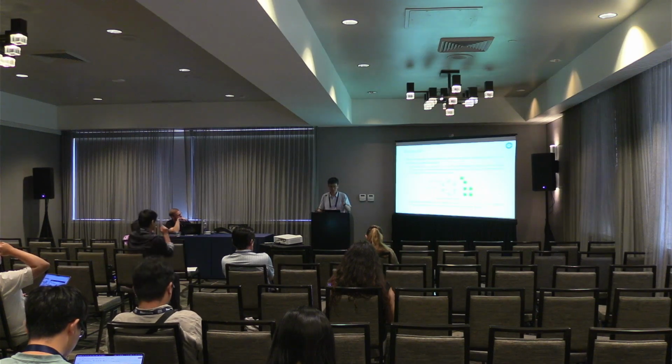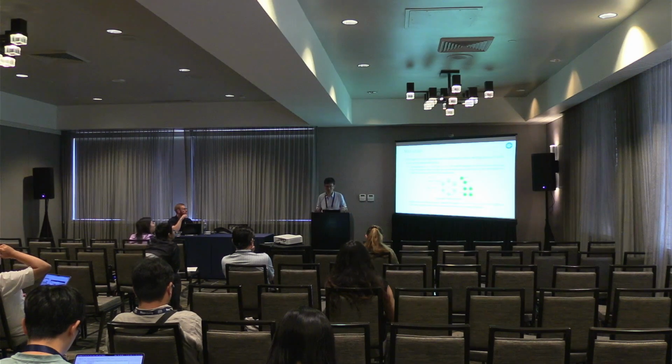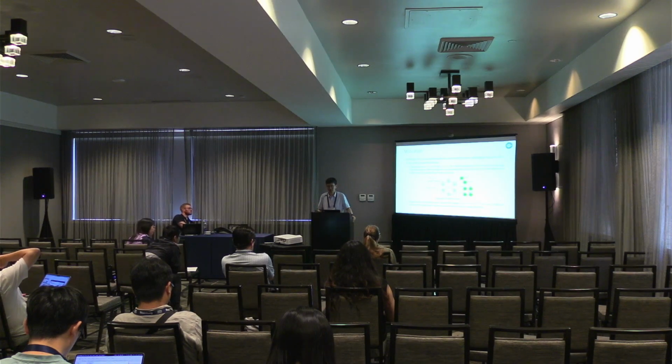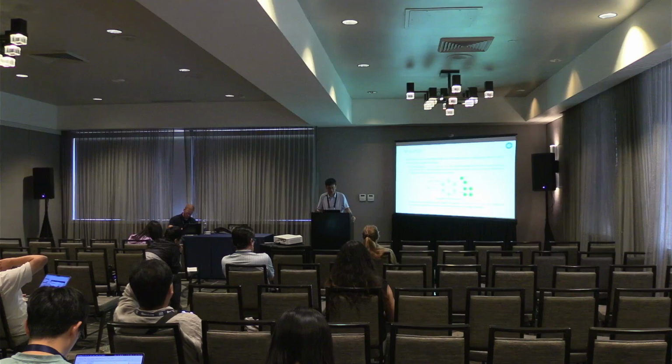Next, I'm going to introduce our motivations, why we want to do this work. The k-truss is a good model for community search, but it still suffers from several issues. The first is that it is too strict. If you cannot find enough triangles in the subgraph, it will not be a k-truss community.